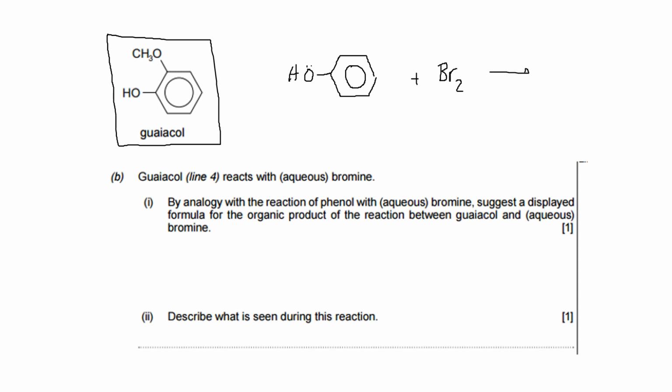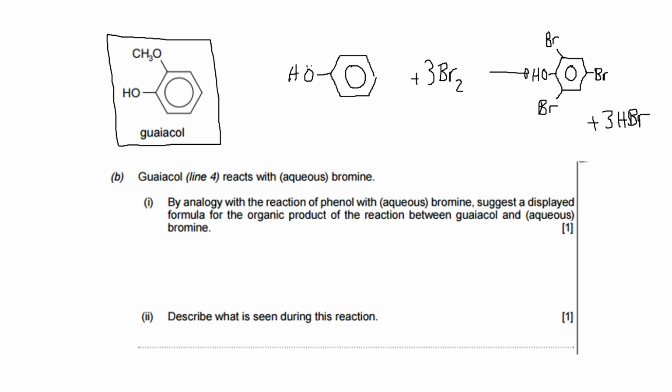And what happens is you've still got your phenol group, but you substitute in the 2, the 4, and the 6 position to give 2,4,6-tribromophenol. And the byproducts would be 3 lots of HBr, and therefore you need 3 lots of bromine.